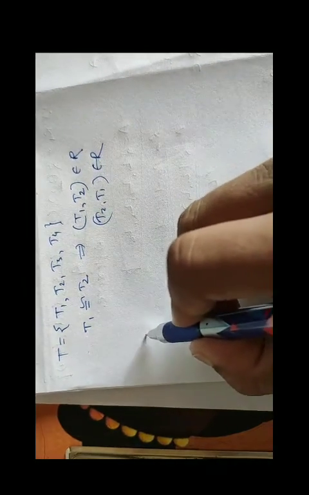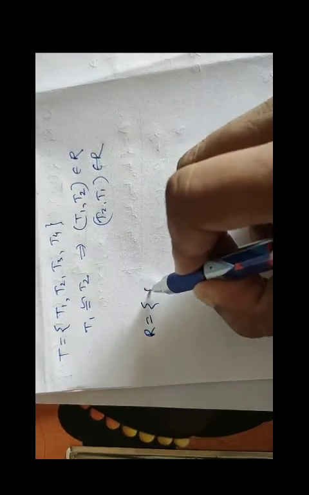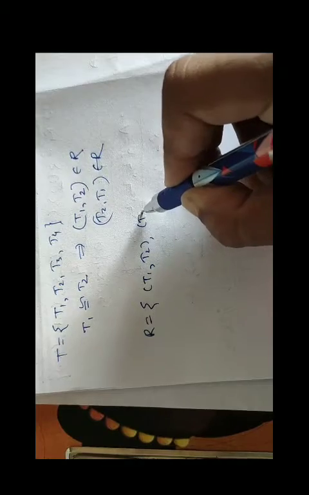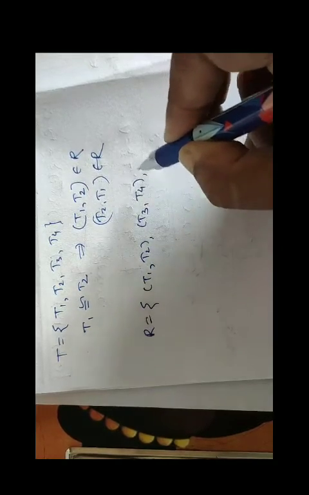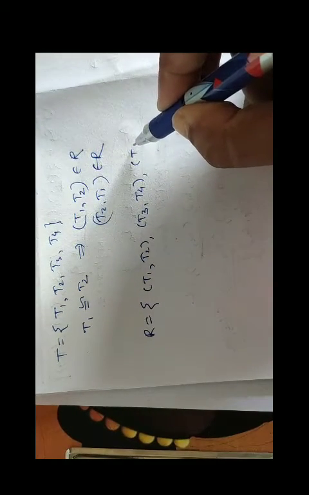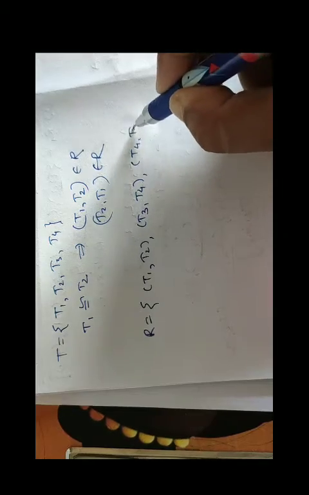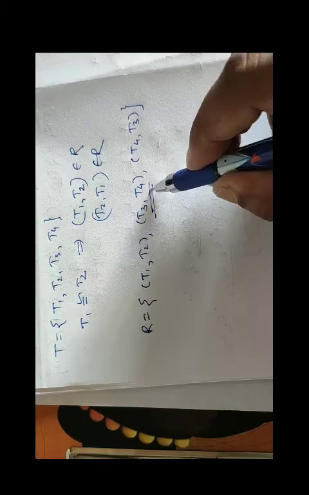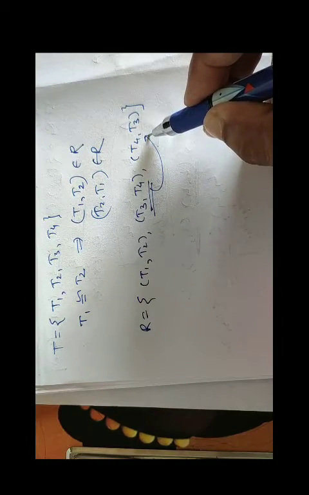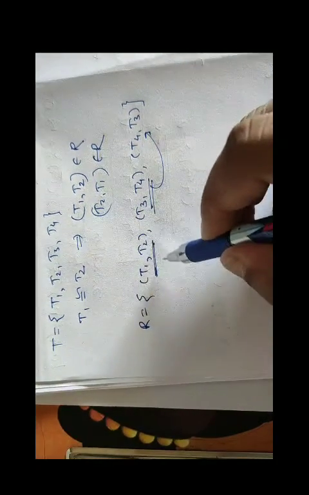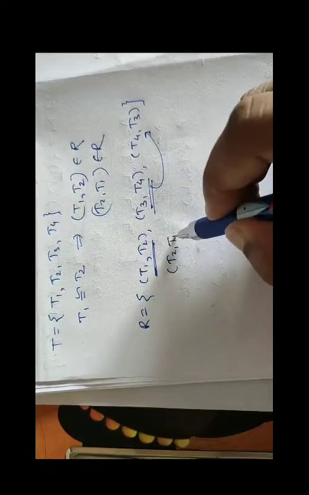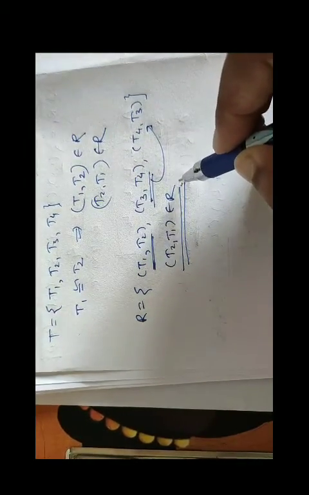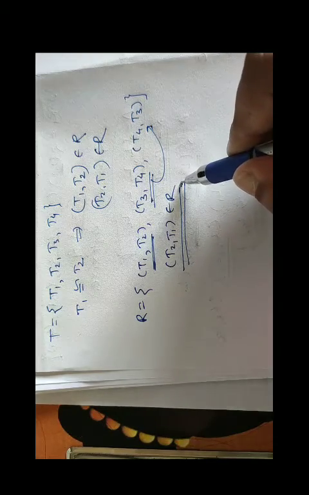So in the set R, if I take (T1, T2), (T3, T4) and (T4, T3). For every (T3, T4) there is (T4, T3), no problem. But for (T1, T2) there is no (T2, T1) in that relation R, and therefore this relation R is not symmetric.